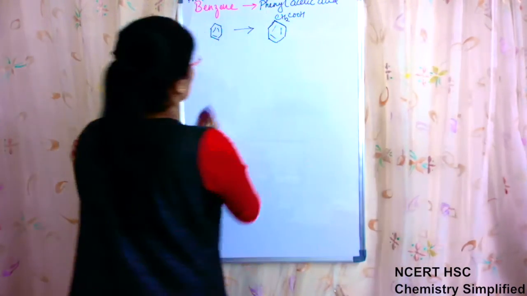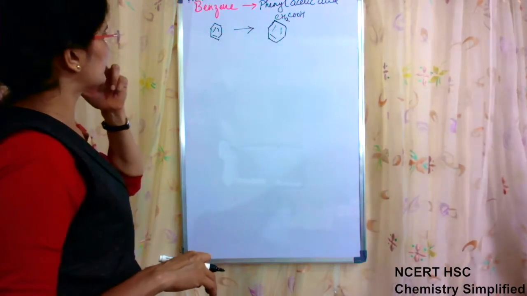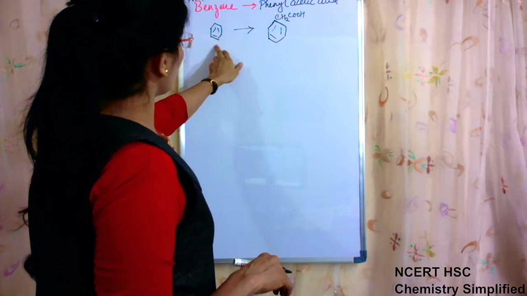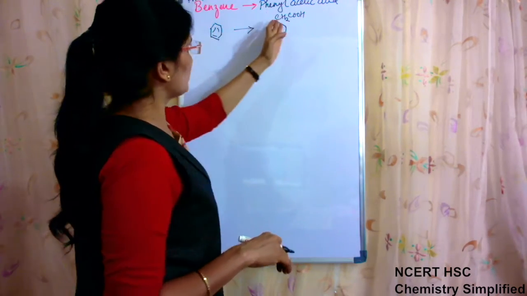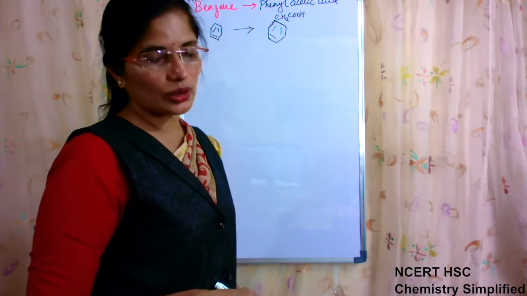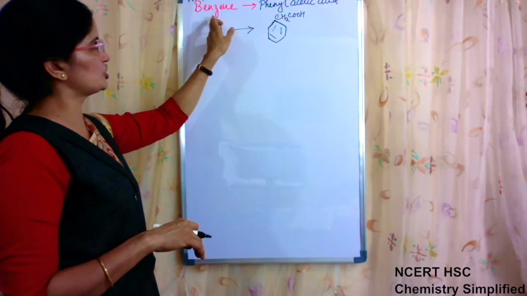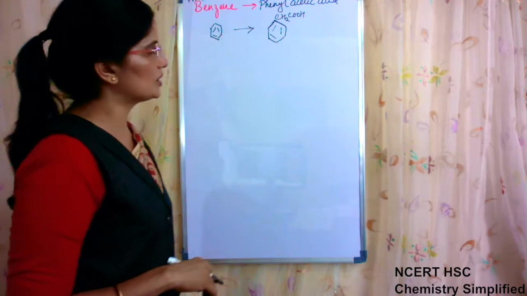Now, if we look at this reaction, we'll see that here there is no carbon atom, and here two carbon atoms are required. So we have to increase the chain with two carbon atoms, then only it will be converted into this.